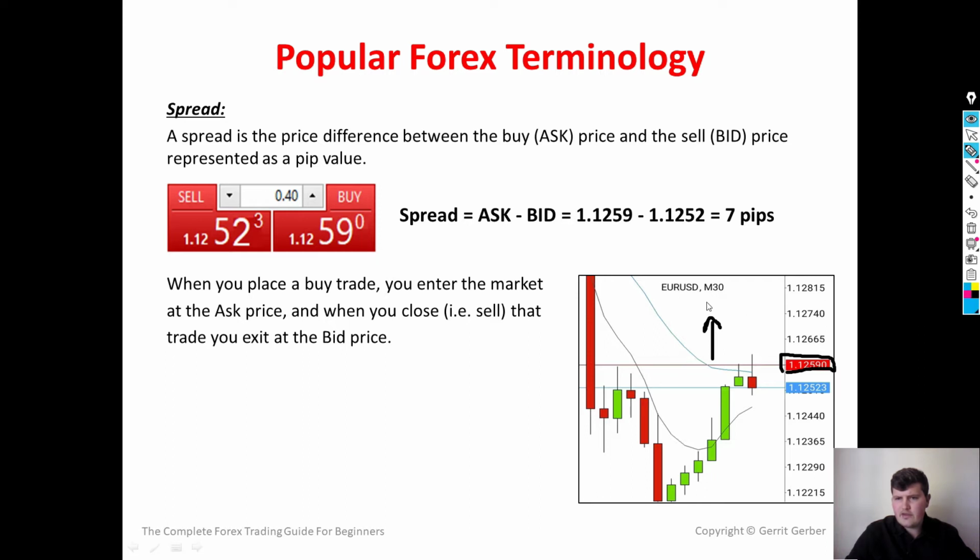If price moves upwards, then the new bid price becomes that, and the new ask price or buy price becomes that. So you bought it over here at the ask price of 1.1259, and you sold it here at the bid price of 1.1274.